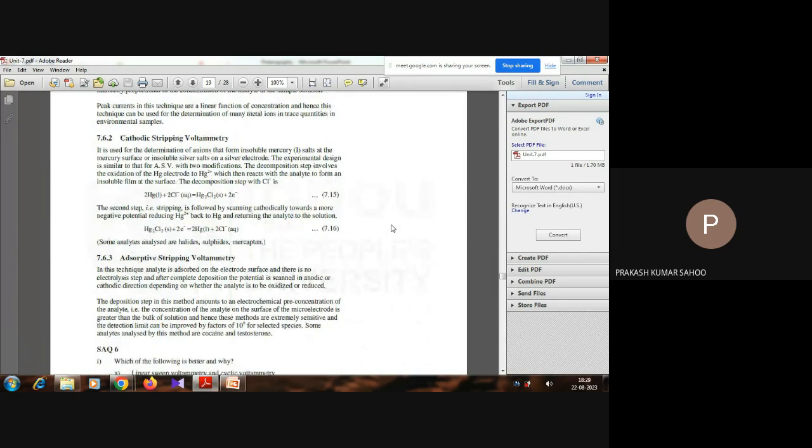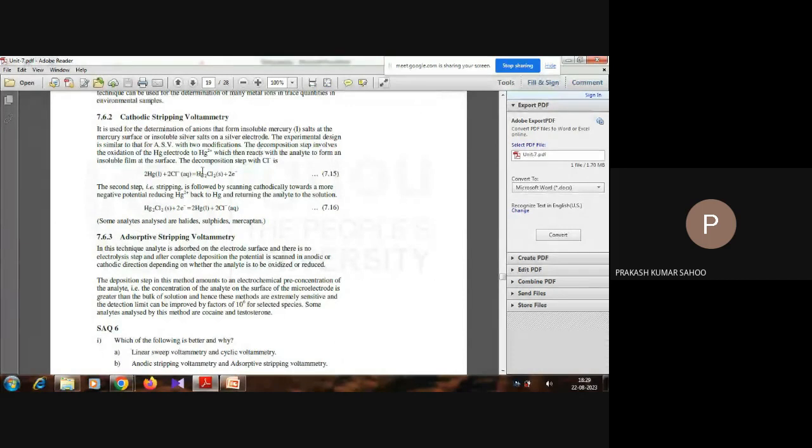Then we have cathodic stripping, where the same things happen. It is used for the determination of anions that form an insoluble mercury 1 salt at the mercury surface, or an insoluble silver salt on a silver electrode. Here the anion plays the vital role, just as in anodic stripping voltammetry the cathode plays the vital role.